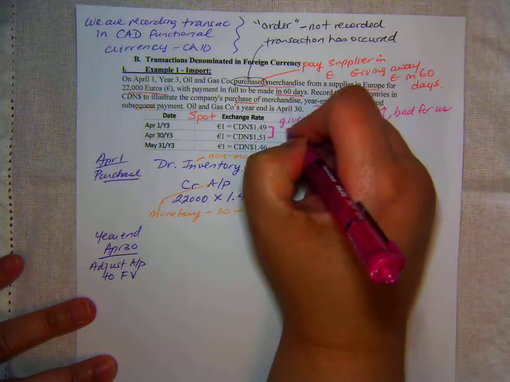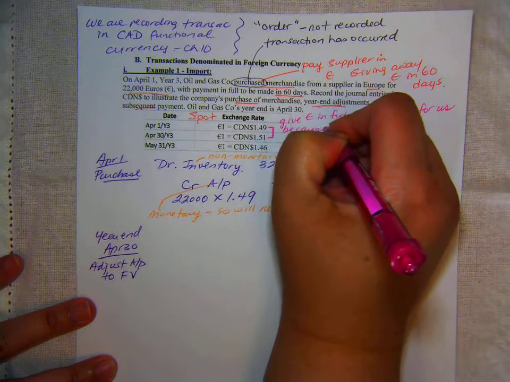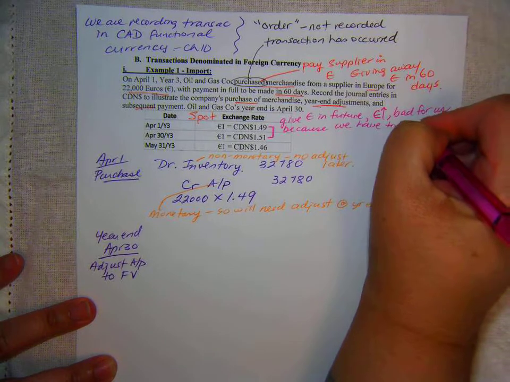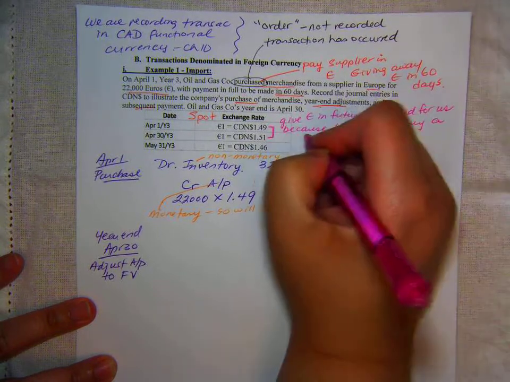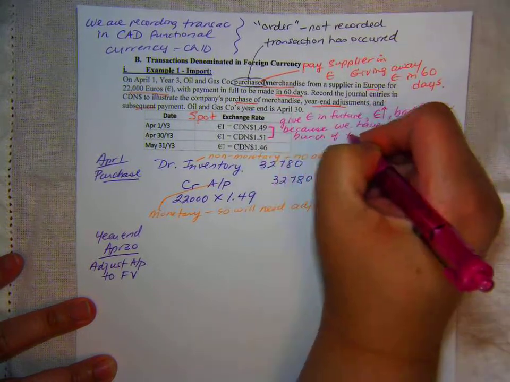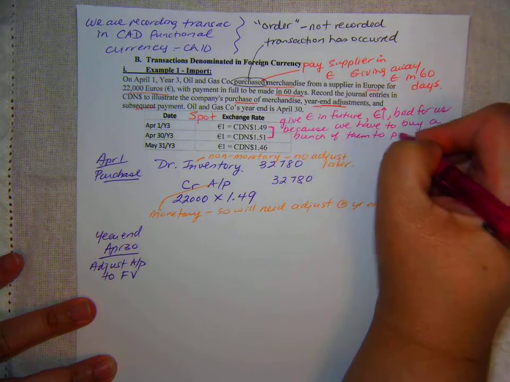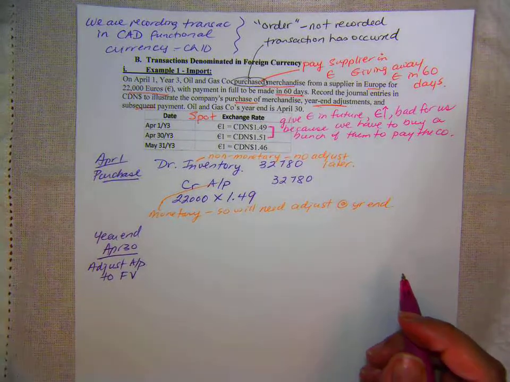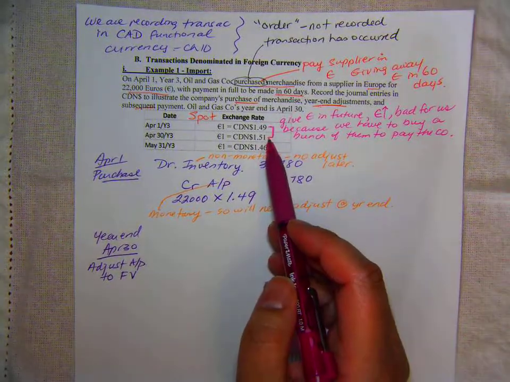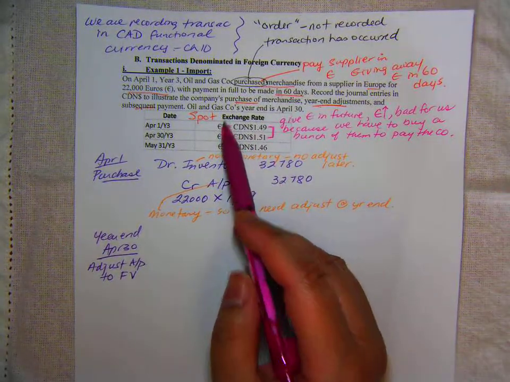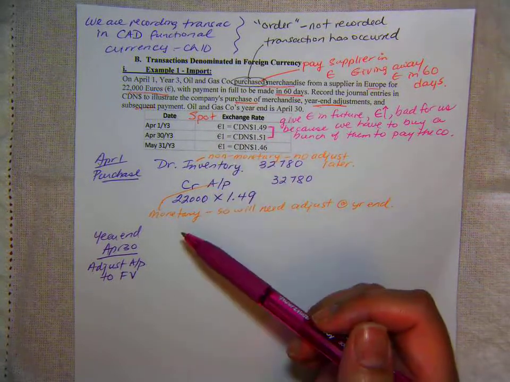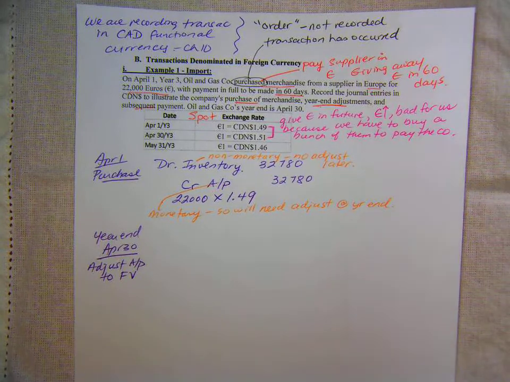So bad for us because we have to buy a bunch of them to give to the company. So it just got more expensive to fill our wheelbarrow with euros or with pens, because now we're paying 2 cents more for every euro, pen, whichever way you want to think of it. So that's bad for us.